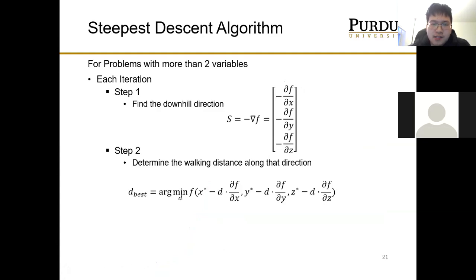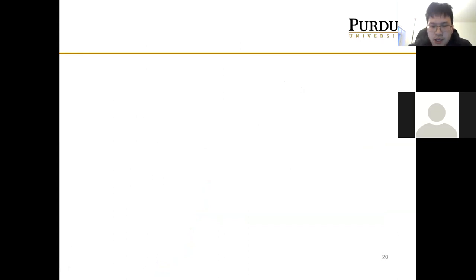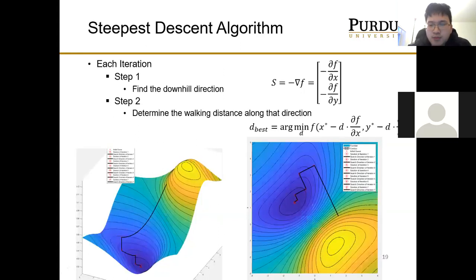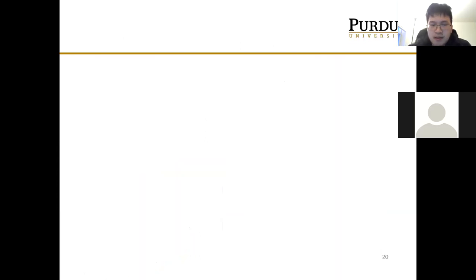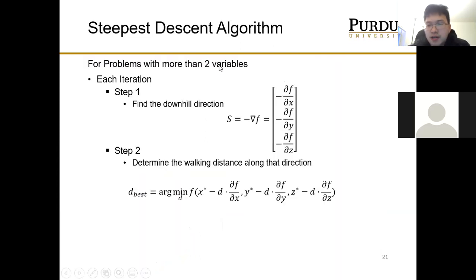And then here's some generalization for this algorithm. Because in our slides, we only use 2D or two-variable problems to demonstrate this algorithm. But actually, these methods can be generalized to solve problems with more than two variables.